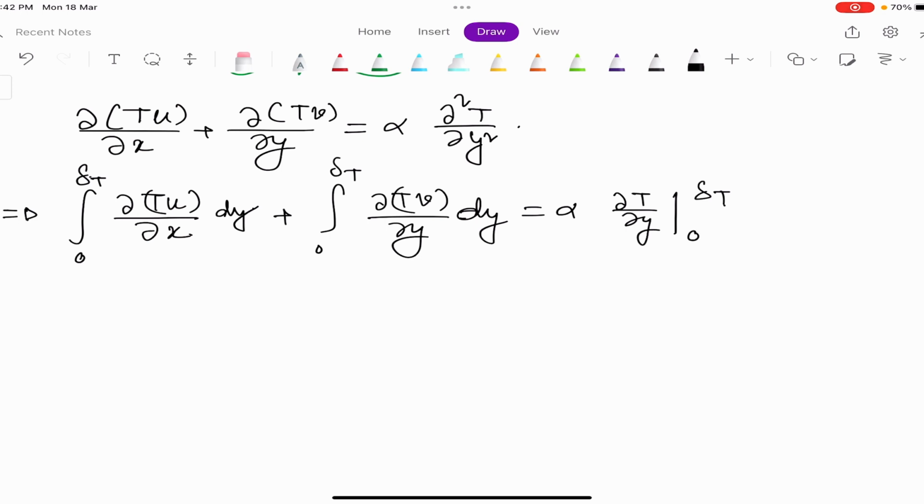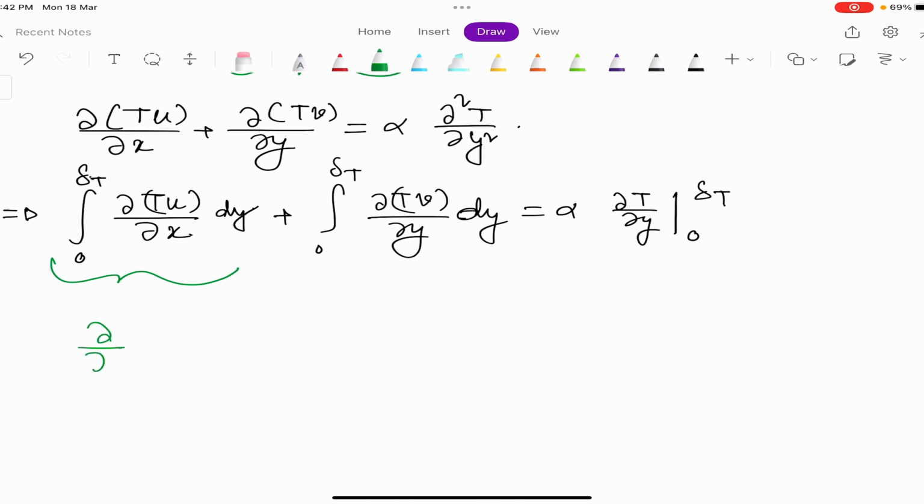Here if I apply the Leibniz rule, what was the Leibniz rule? I always tend to forget it, so I always write it beforehand because I also get confused. You always remember the Reynolds transport theorem.